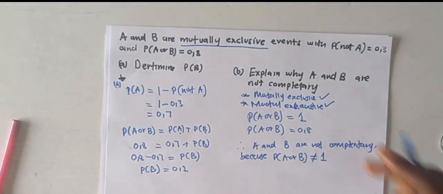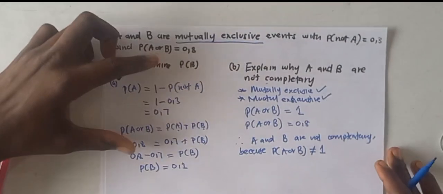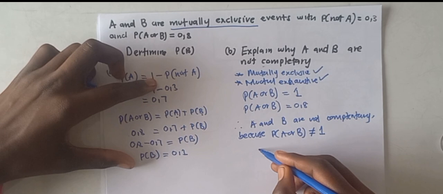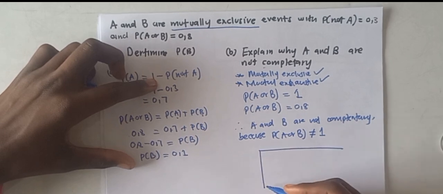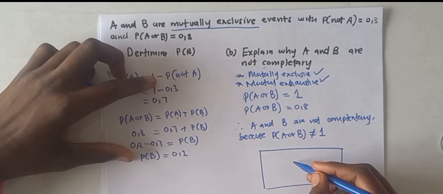You can even show this using a Venn diagram. You can draw a Venn diagram whereby you show these two events.